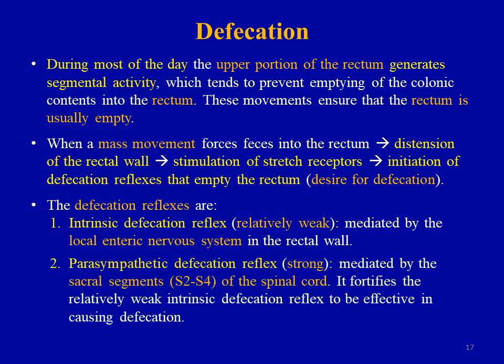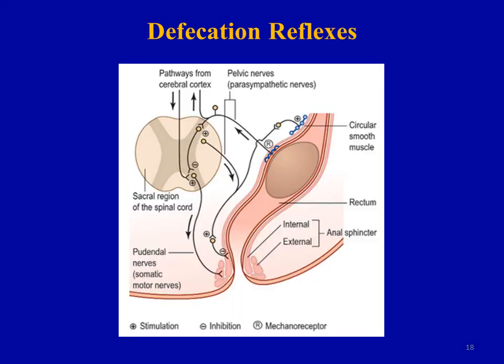And this is the parasympathetic defecation reflex, which is a strong reflex mediated by the sacral segments S2, S3, S4 of the spinal cord. It is a central reflex. It fortifies the relatively weak intrinsic defecation reflex to be effective in causing defecation.